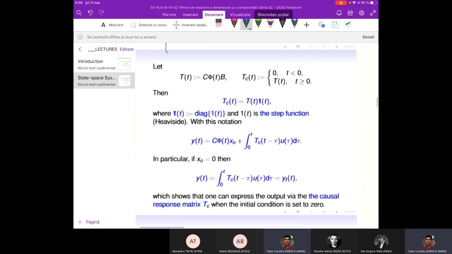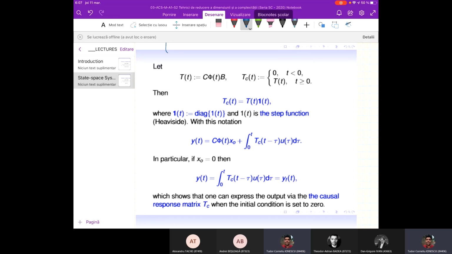Now, if you let T of t be this C e to the power At B, and you define this T index C of t, then you can write Tc as T times the Heaviside signal, the step function.